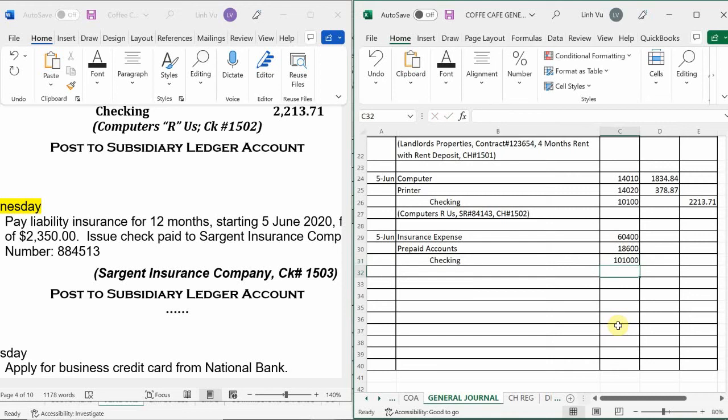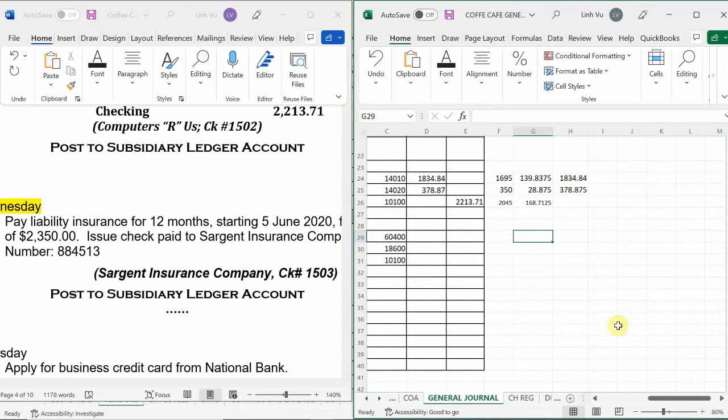Okay. So in this case, insurance expense. I paid 12 months for a total of $2,350. So, how much is it going to be per month?